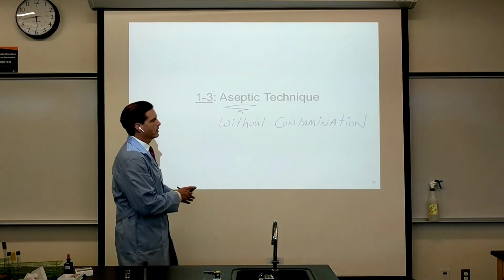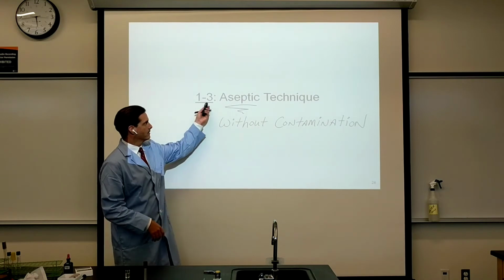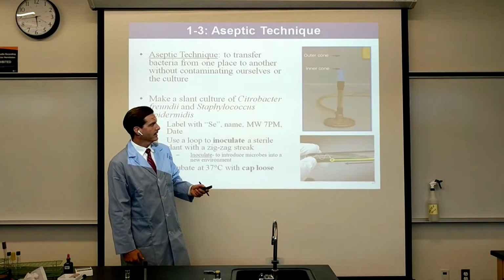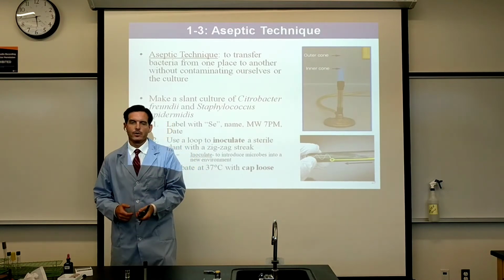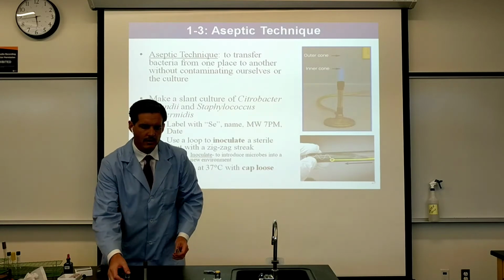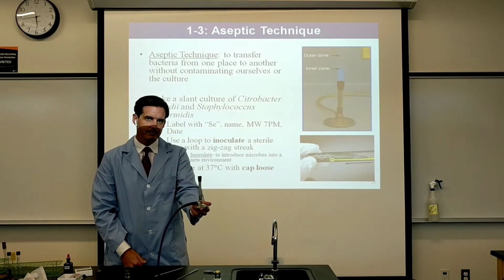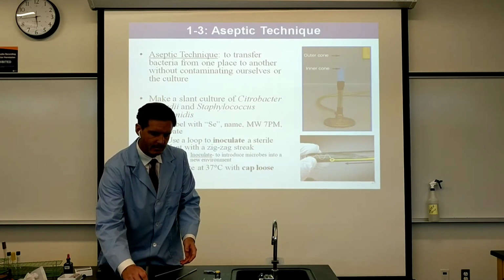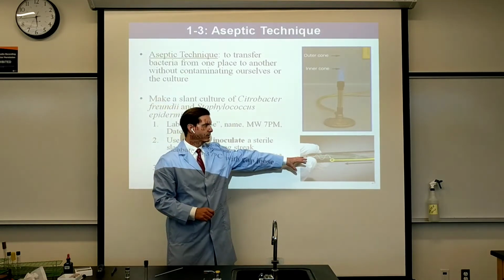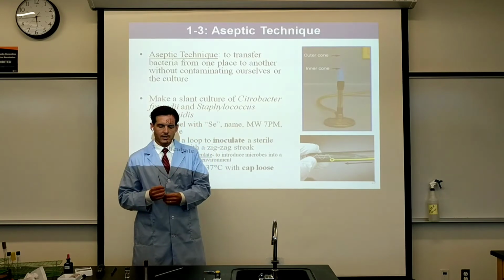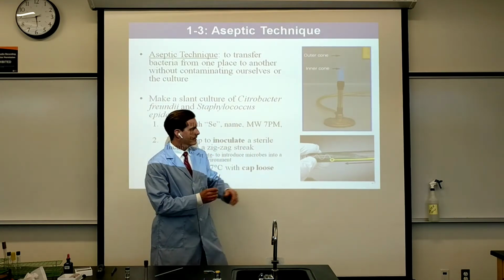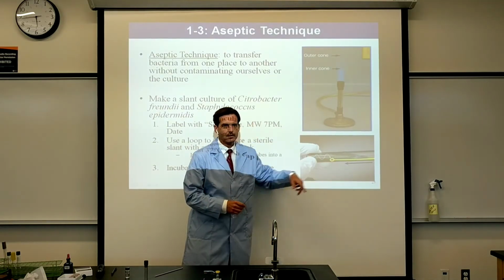We're going to go through steps that are listed in your lab manual, exercise 1-3. The tools for aseptic technique that we're going to be using straight away for our first exercise are the Bunsen burner, and then to move the bacteria around from a sample tube into a fresh tube, we're going to use an instrument called the loop. This is a yellow plastic loop.